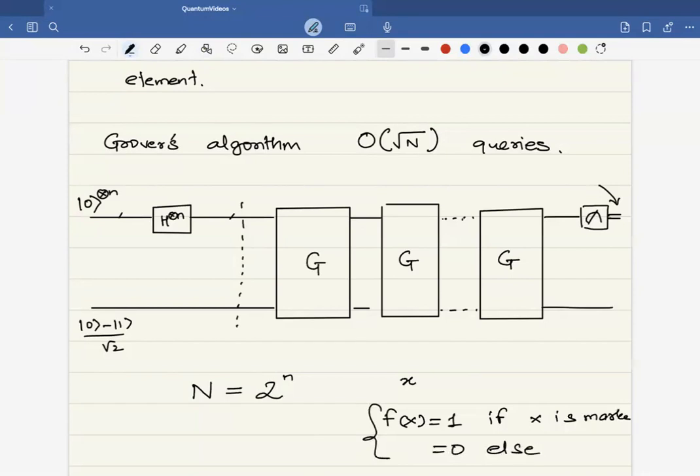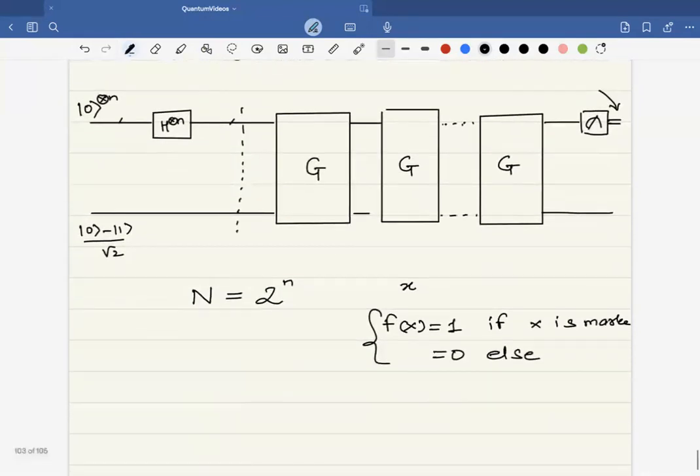So that is our classical query function. And as you know, you have this corresponding version U of f, the quantum version. So U of f acting on ket x is equal to (-1) to the f of x, just like we had in the earlier algorithms.